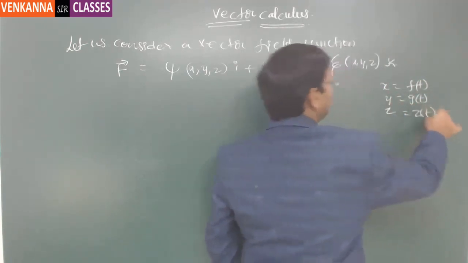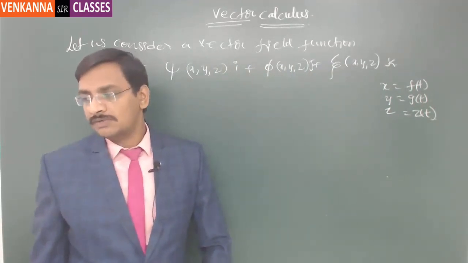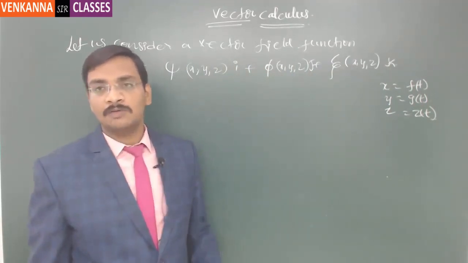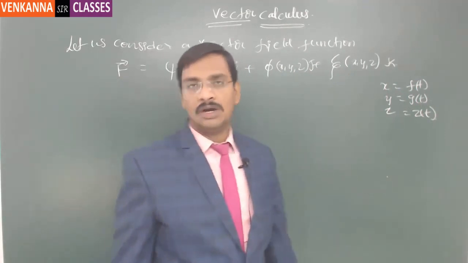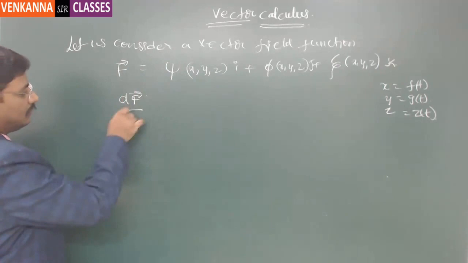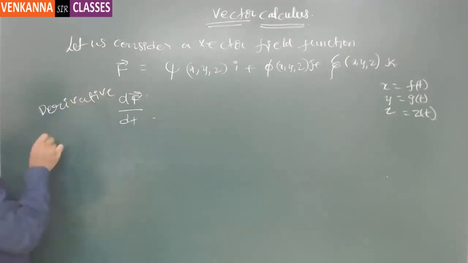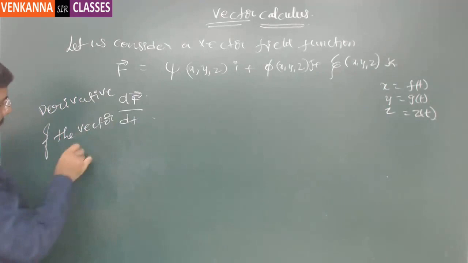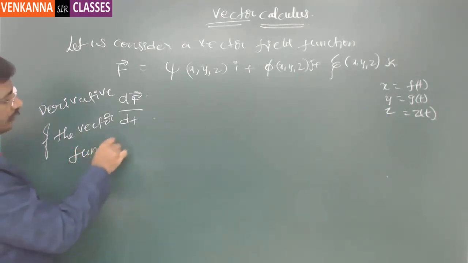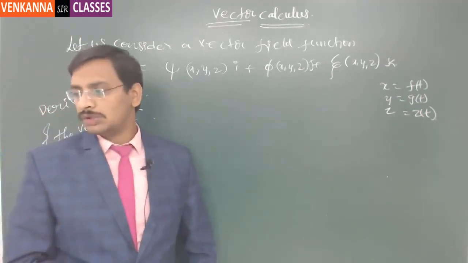So, this is another way of representing the same thing. Let us say it is a function of t, or it may be a parametric form where t is the parameter. Now, if you want to find df by dt, which is the derivative of the vector function, f is indirectly a function of time in total, right?